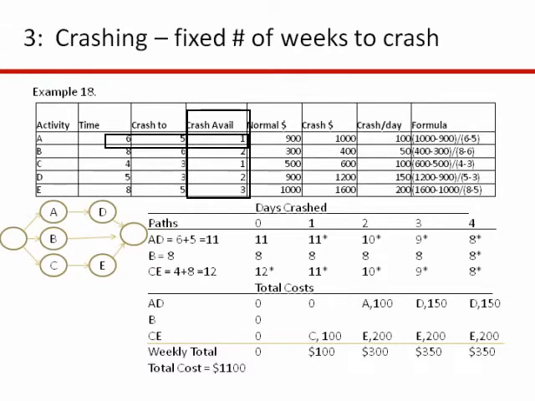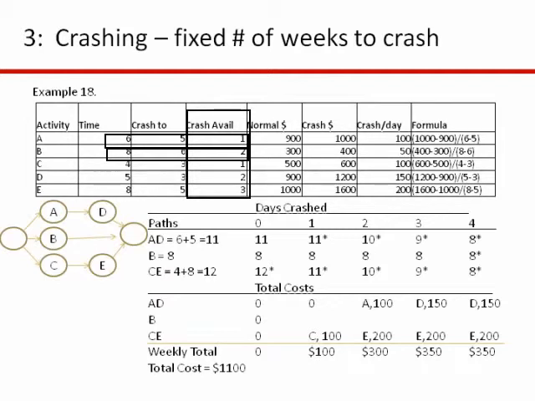Okay, the 8 minus the 6 is the 2. So instead of just telling you how much you could crash it, it just gives you total time minus how much you could crash it to. So you have to calculate the crash amount available. So for activity A, you can take 1 week off of it. All right, that's basically what crash available means. You can only crash it for 1 week.